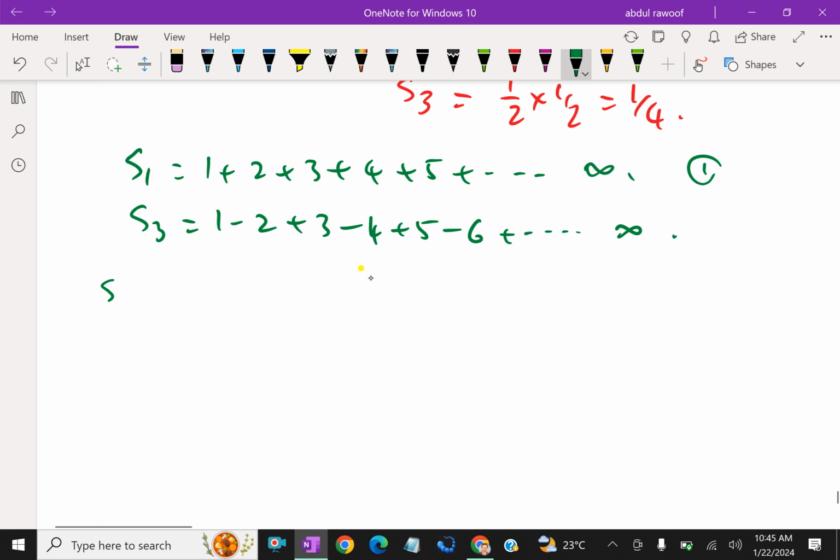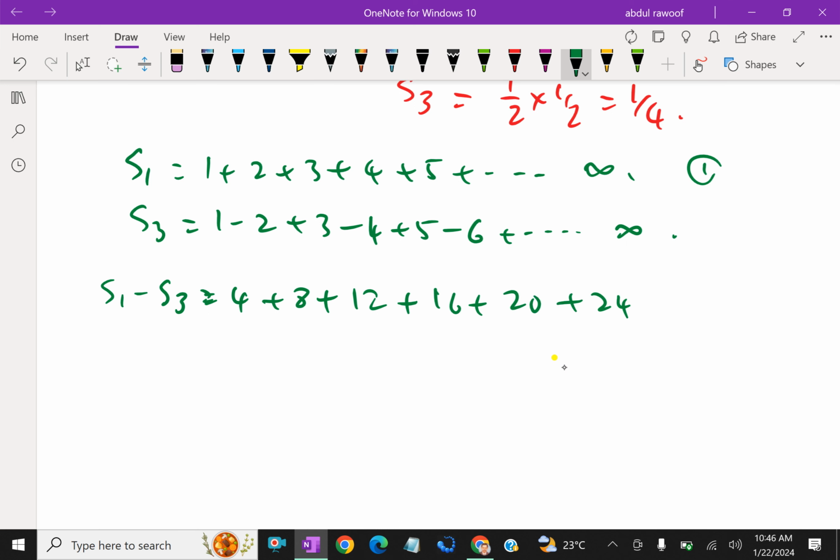Then subtracting S1 minus S3, look here: 1 minus 1 is 0, 2 minus of minus 2 is 4, 3 minus 3 is 0, then 4 minus of minus 4 is plus 8, then 12, 16, 20, 24, to infinity.